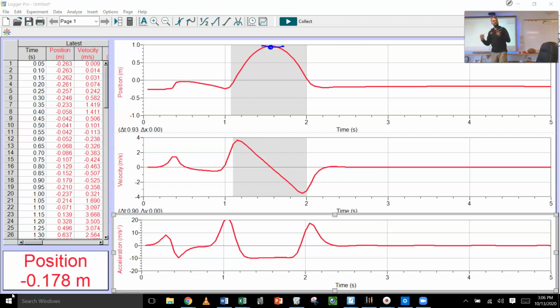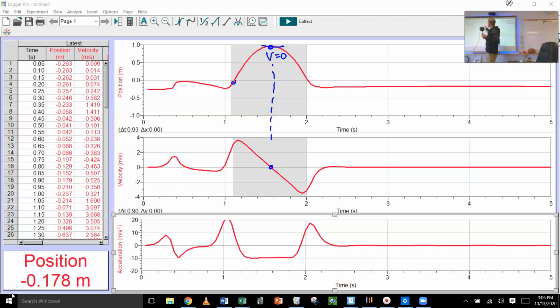At this point, the tangent line has a velocity equal to 0. And we talked about this: at a spot, the slope of the tangent line is the velocity. So at the very top, when you throw something in the air, it stops. And if you look down here, the velocity right there is equal to 0.